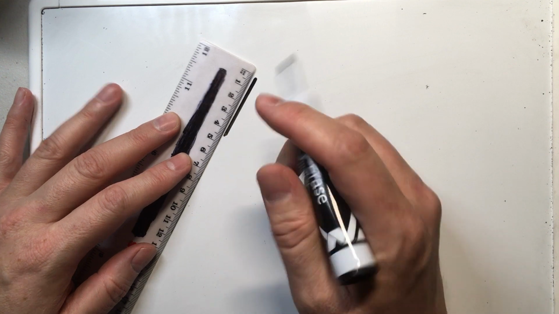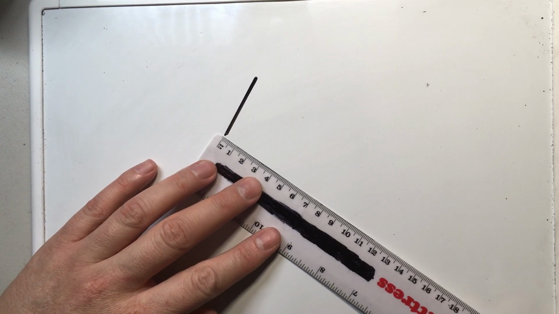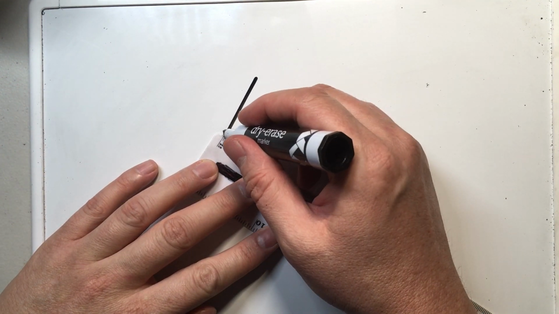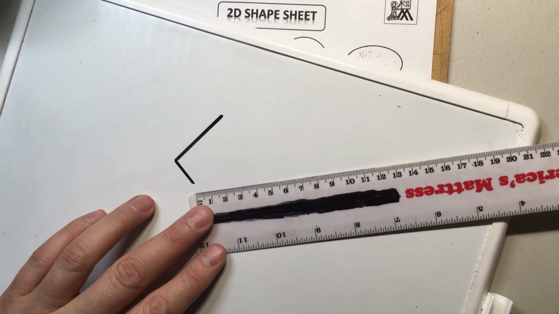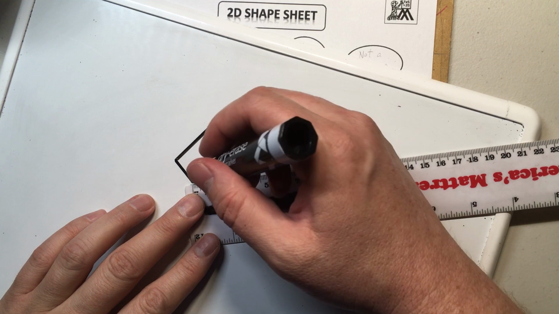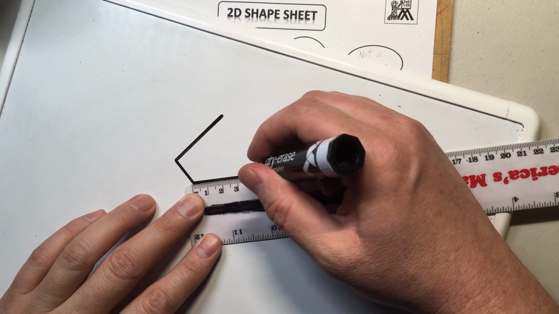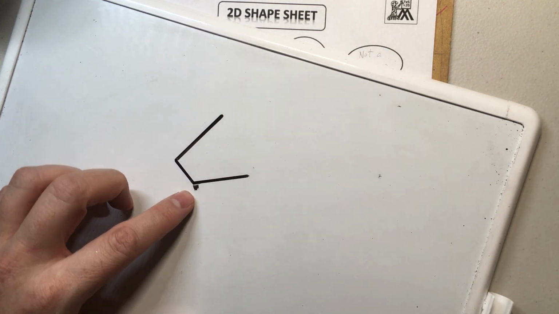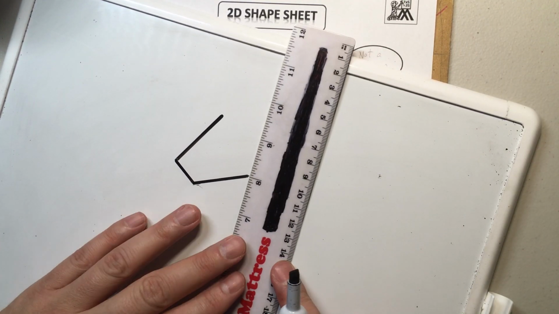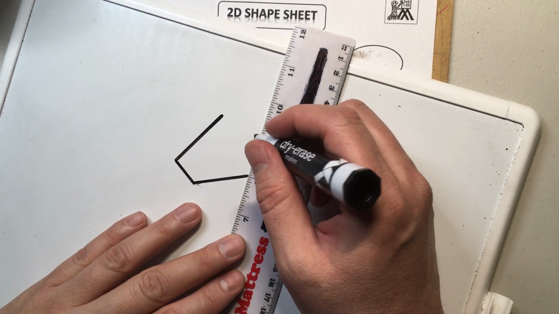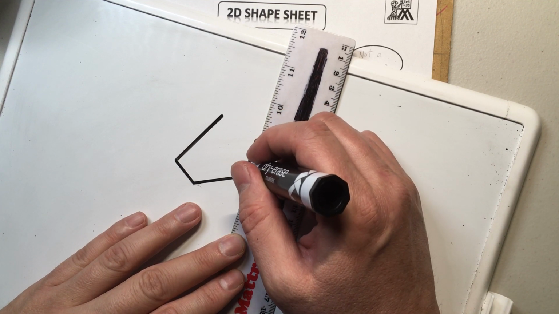And a polygon has to have straight sides, right? As long as it has 5 straight sides, 5 vertices, and 5 angles, it's still a pentagon.